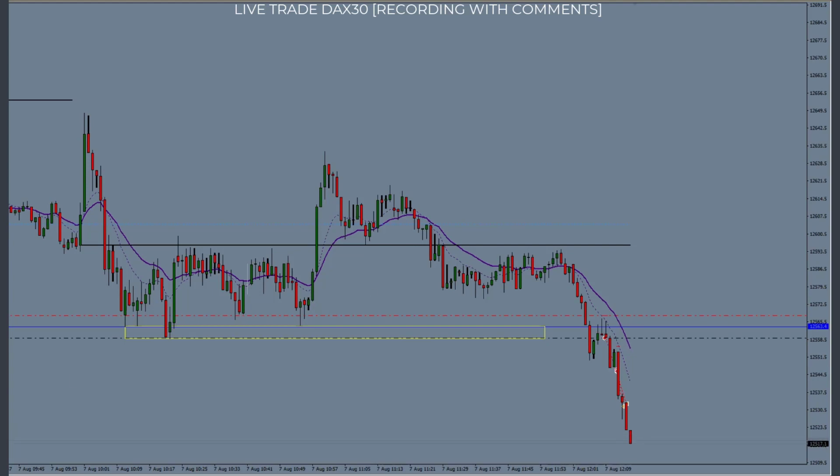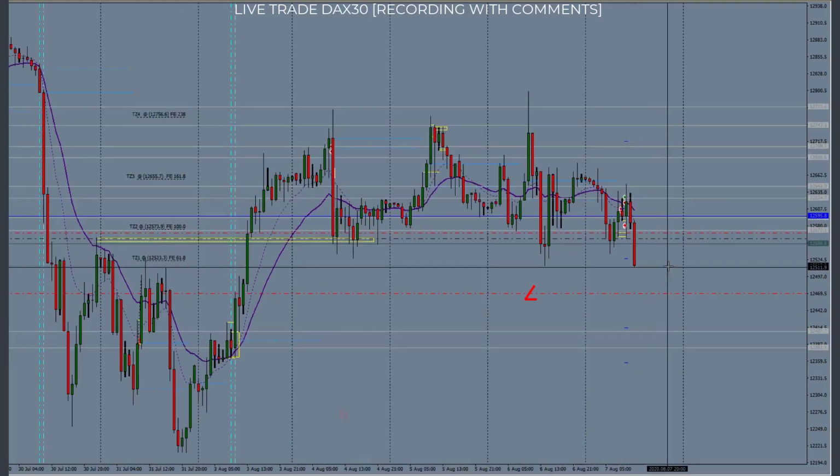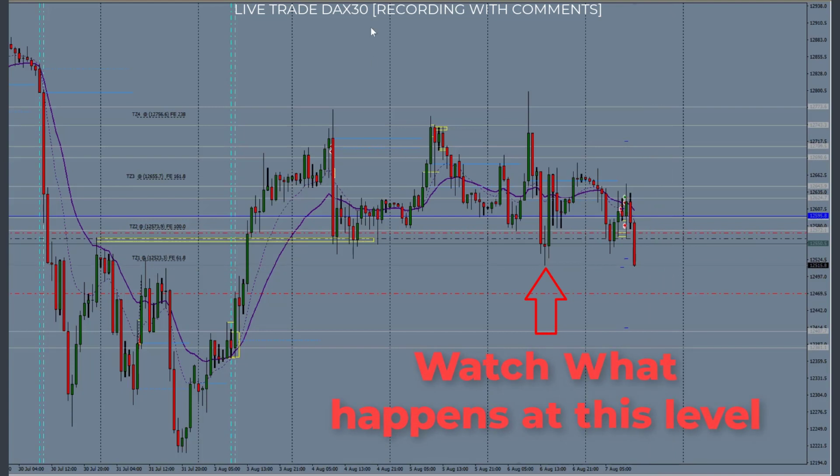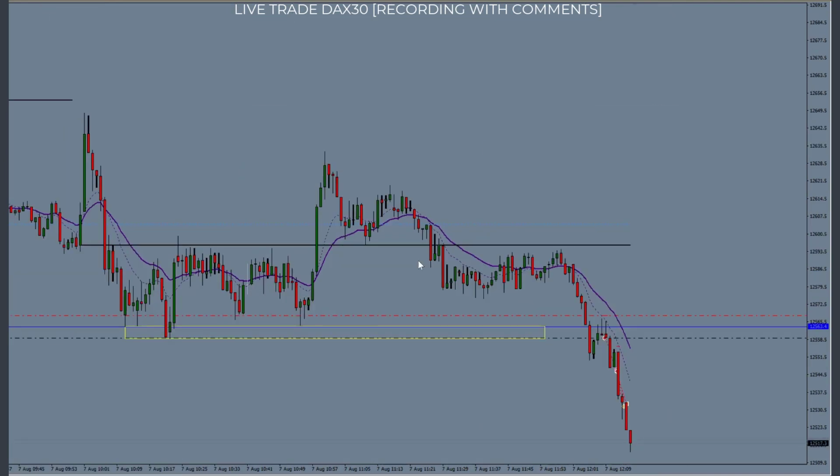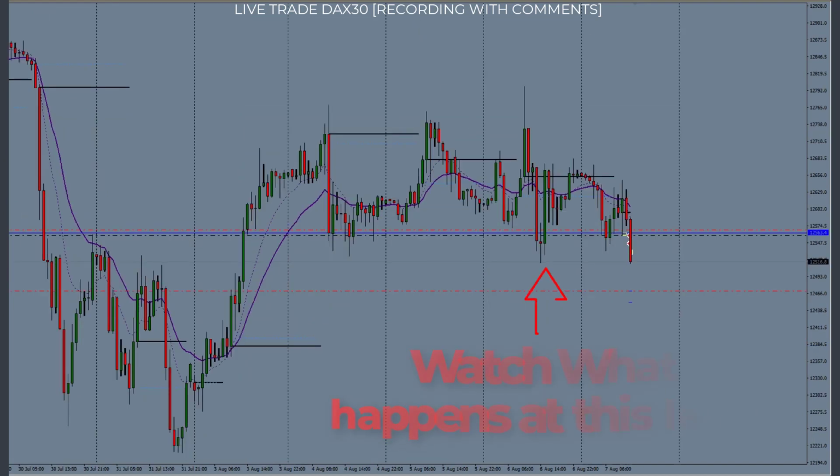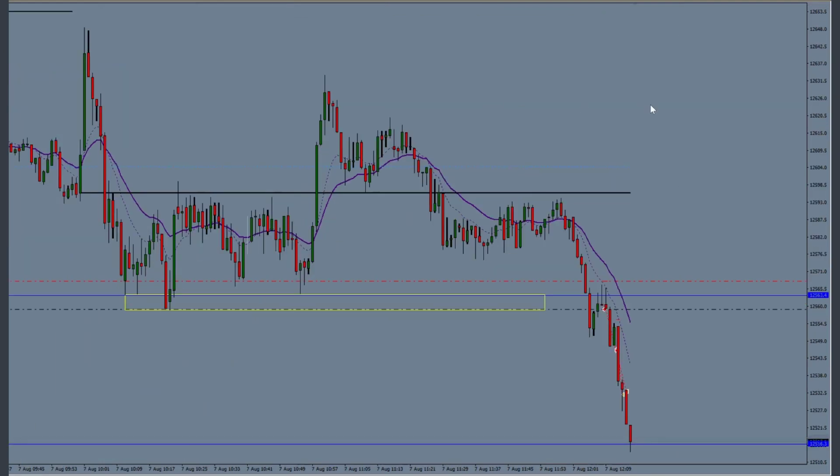But we are seeing all the levels getting smashed, these final levels getting tested. This level here, so all those levels to the left, and this could be a pretty good target point.